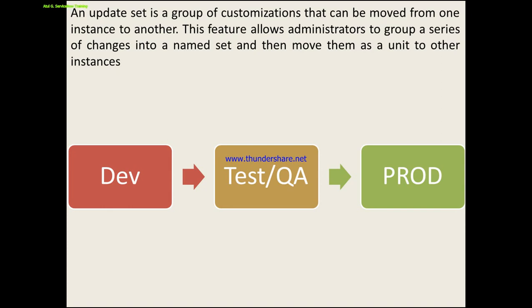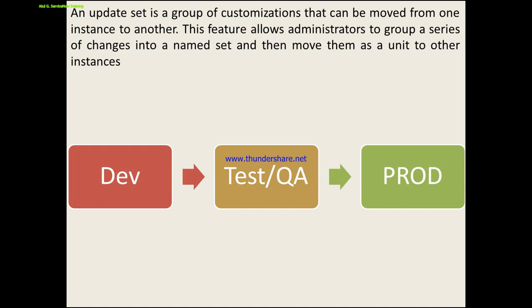Before I start the actual demonstration, let's see what the meaning of the update set is. An update set is a group of customizations that can be moved from one instance to another instance. In layman's language, the code which I am defining in my dev environment, I need to move from dev to test to prod.